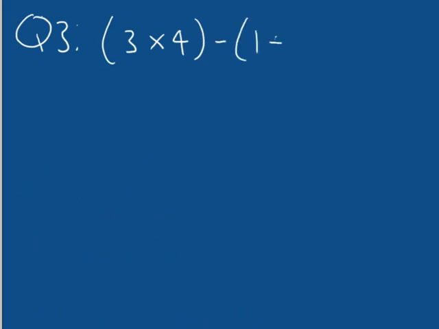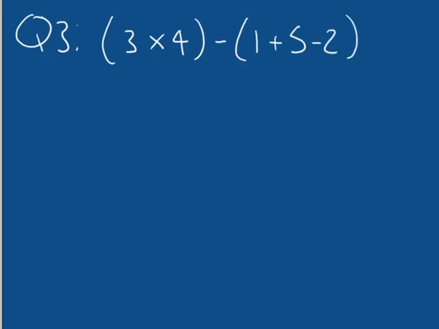And this is question 3. And again, we're going to evaluate an equation. And the equation I'd like you to evaluate is, open parentheses, 3 multiplied by 4, close parentheses, minus, open parentheses, 1 plus 5 minus 2, close parentheses.